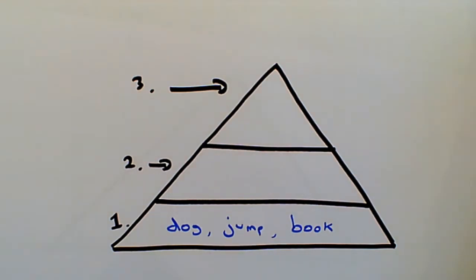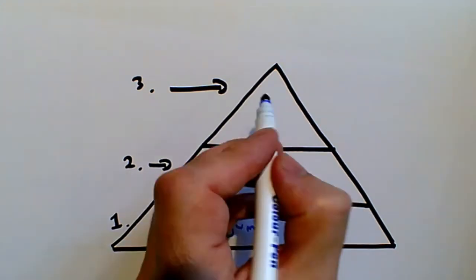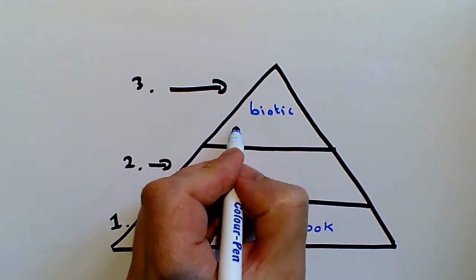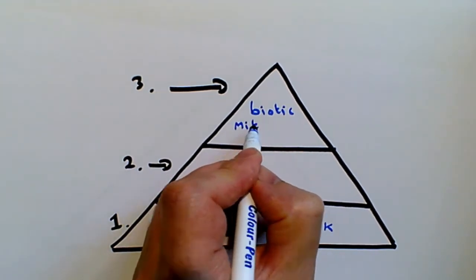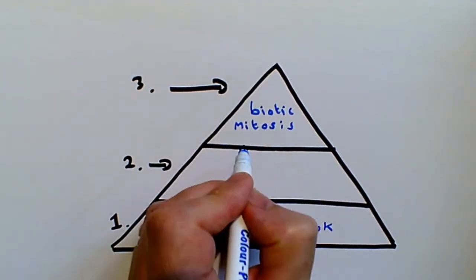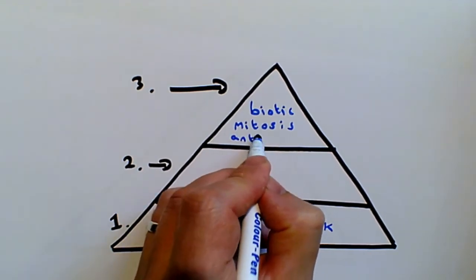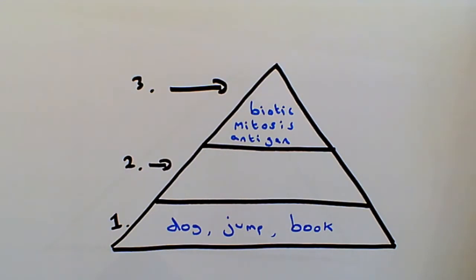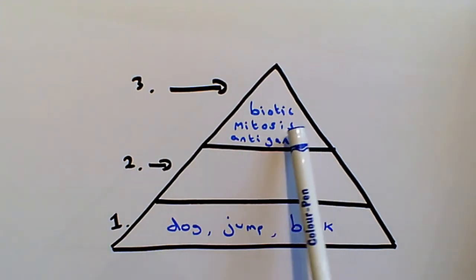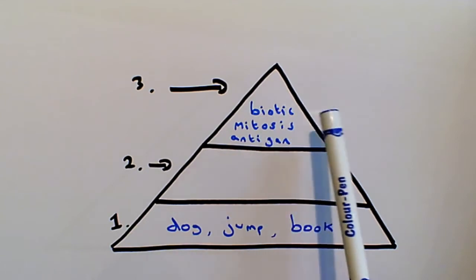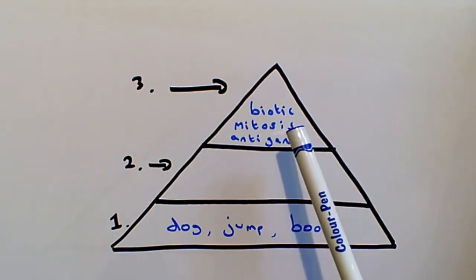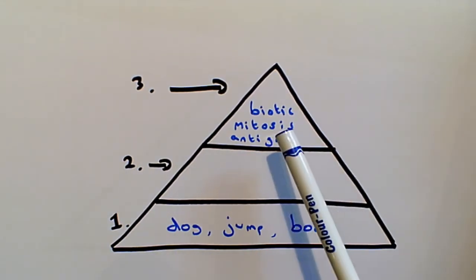So thinking about school, this would be words like biotic and mitosis and antigen. Uncommon and very topic subject specific words. These words are the words that generally are taught explicitly in school. They're part of the curriculum. They're explained in curriculum workbooks.